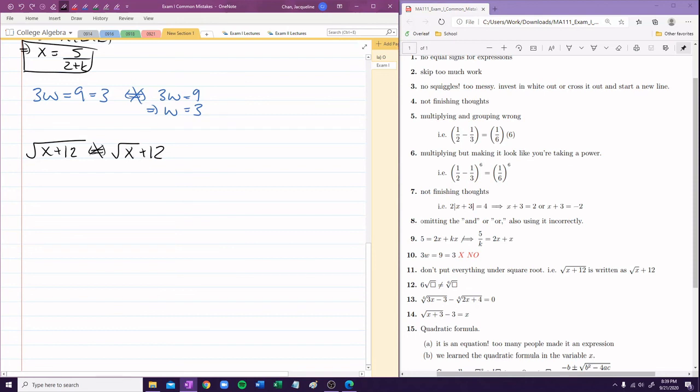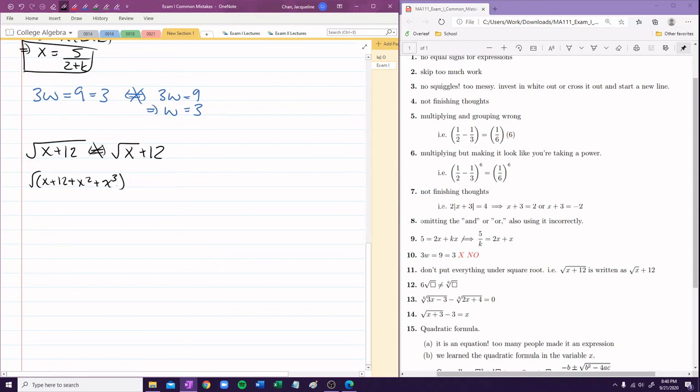So make sure everything is under the square root. Or, if you want to do it like the calculator, because I did notice some of you do, one thing to note about the calculator is that there are parentheses right after the root, so then you could put x plus 12 inside.